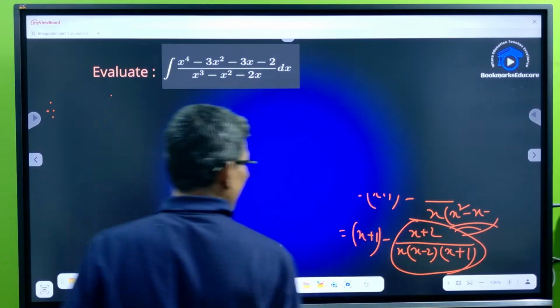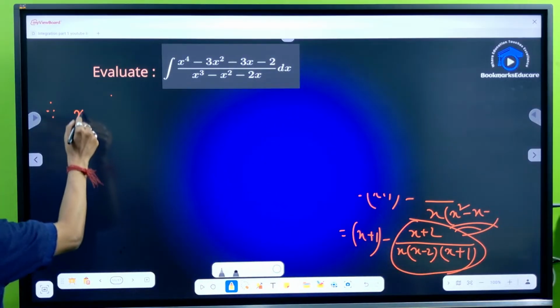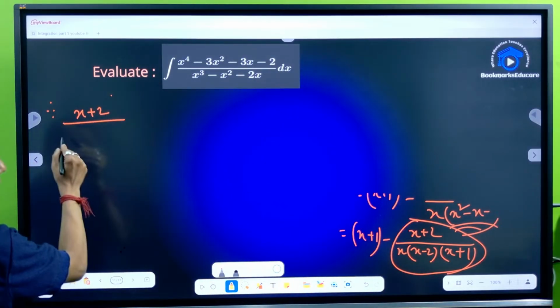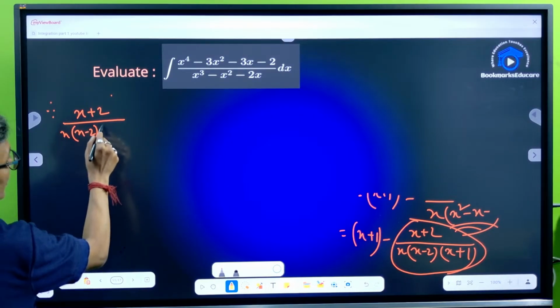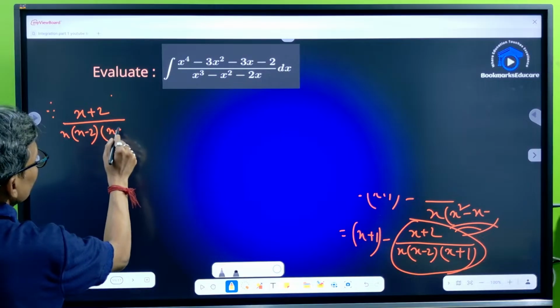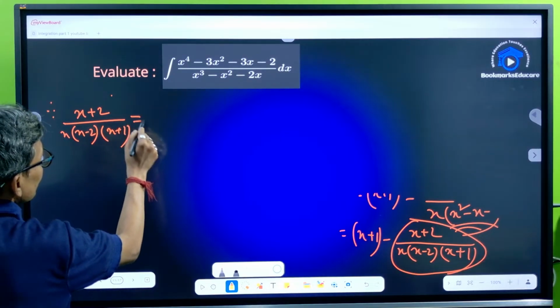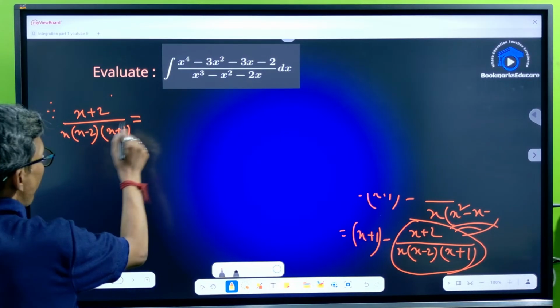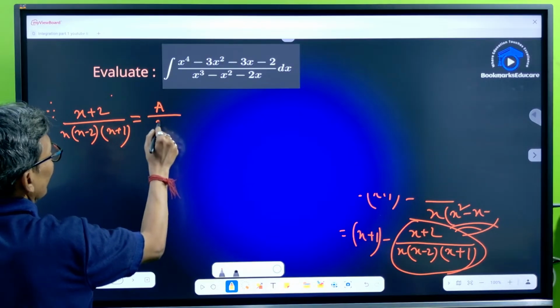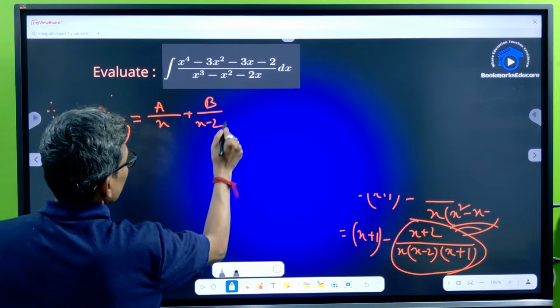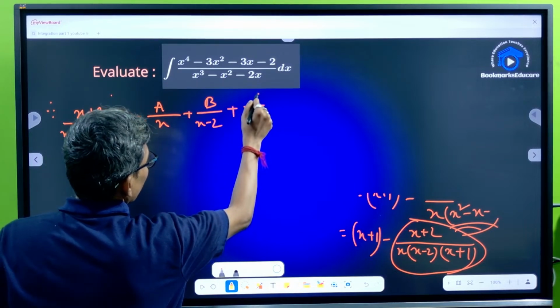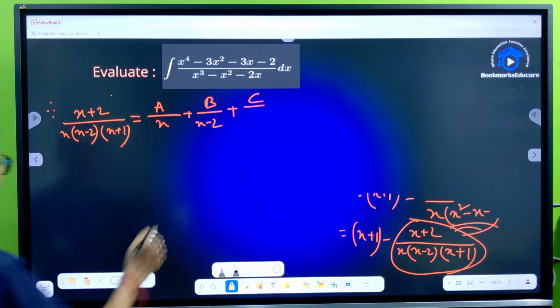So x plus 2 by x into x minus 2 into x plus 1, this can be written in this form: a by x plus b by x minus 2, where a, b, c are constants.